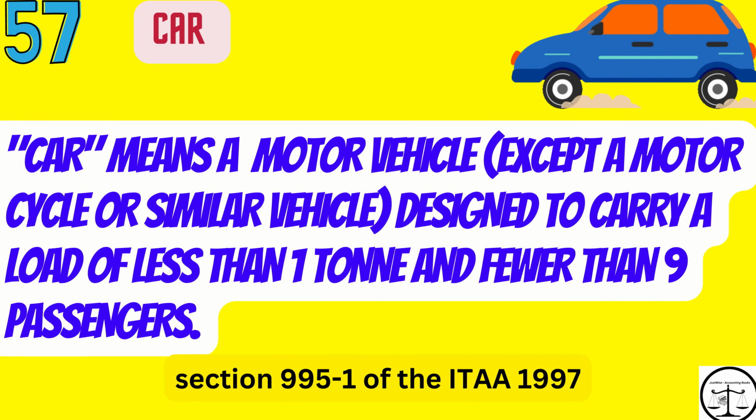Car has the meaning given by section 995-1 of the EDA 1997, which states, car means a motor vehicle, except a motorcycle or similar vehicle, designed to carry a load of less than 1 ton and fewer than 9 passengers.